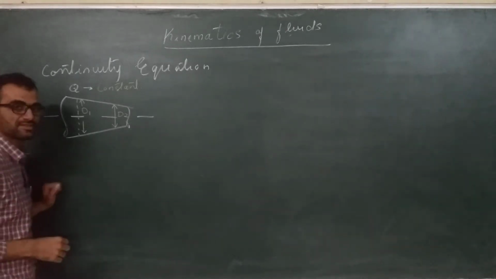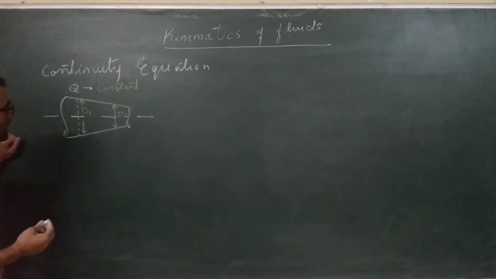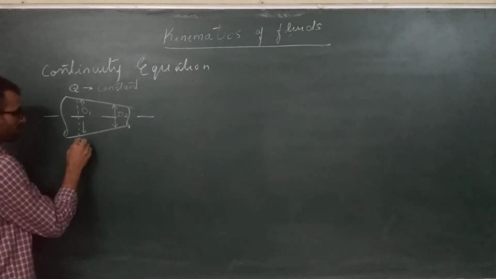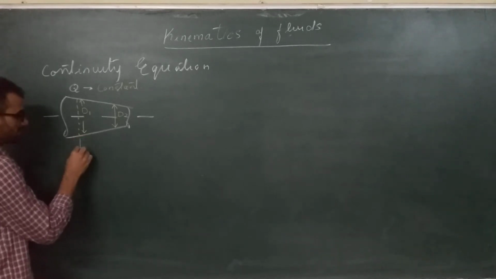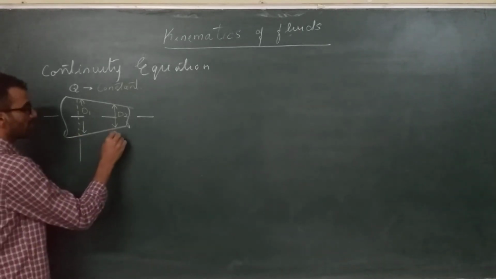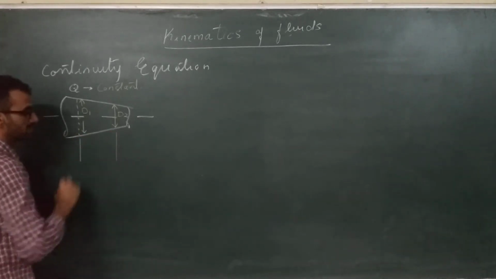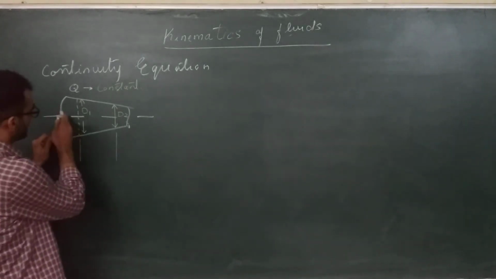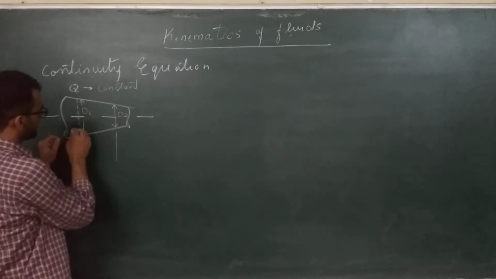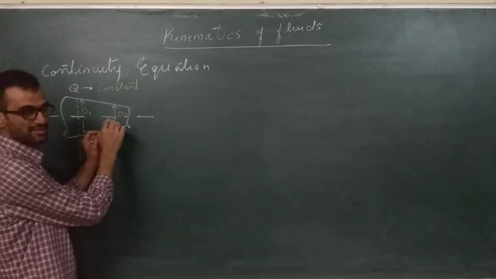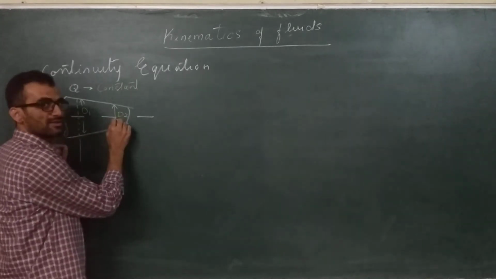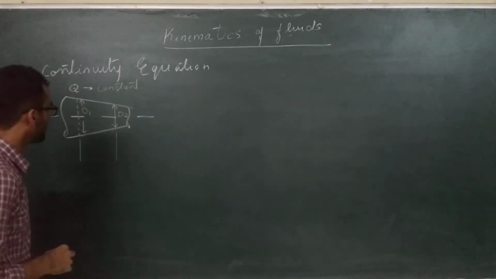The continuity equation states that the mass flow rate flowing through a section remains constant, which means that the mass flow rate which is flowing at this section will be equal to the mass flow rate passing through this section. Alright, so some amount of mass is flowing in this pipe, and at this section if that mass flow rate is some x, then the same amount of mass will flow at this section also in unit time. So that is the continuity equation.